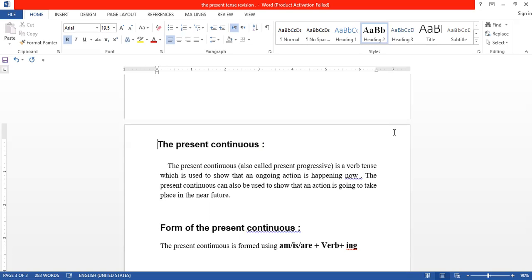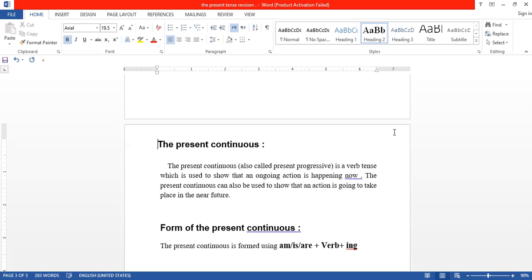But we should not use the present continuous to talk about something which will happen next year or after a long period. We just talk about something which will happen close by in time. Is it clear?